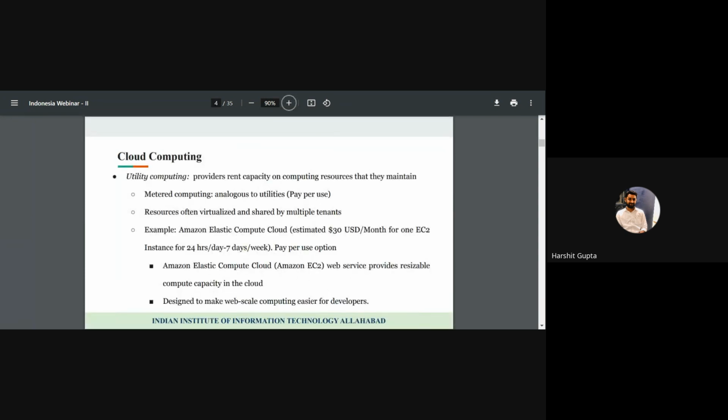If we go deeper into cloud computing, we may call it utility computing. Means the cloud computing service providers provide the service on a rent basis. We just have to pay the rent for the computing service. Whatever kind of services we take from the cloud, we have to pay them some amount of money.